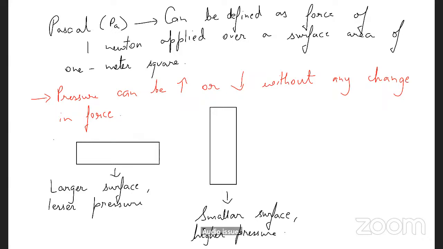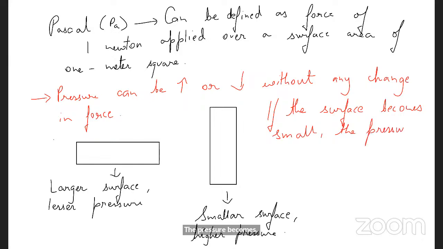So if the surface becomes small, the pressure becomes larger. The pressure becomes higher.